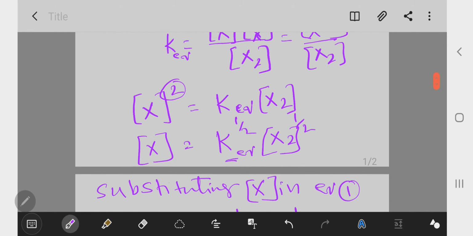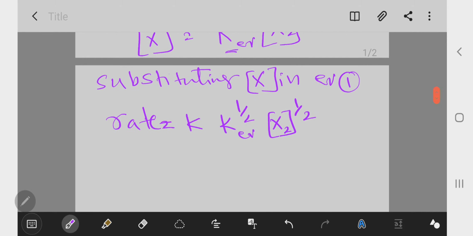Now what we have in equation 1 is Y2 also, Y2 to the power of 1. We have found that the concentration power of X2 is half, hence the order with respect to X2 is 1 by 2 and the order with respect to Y2 is 1.